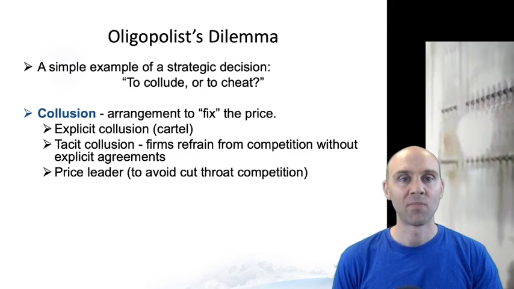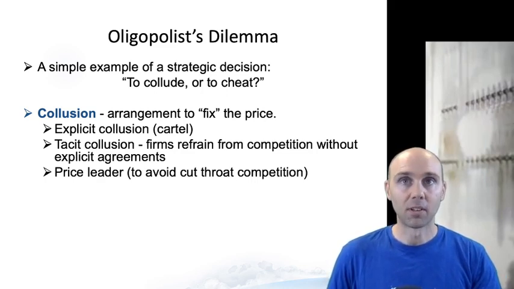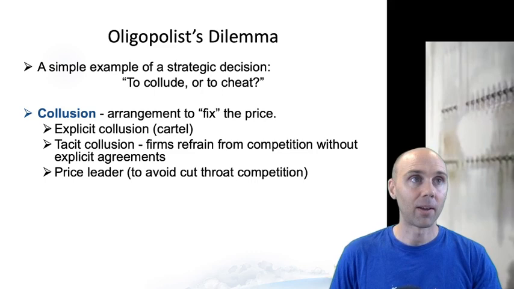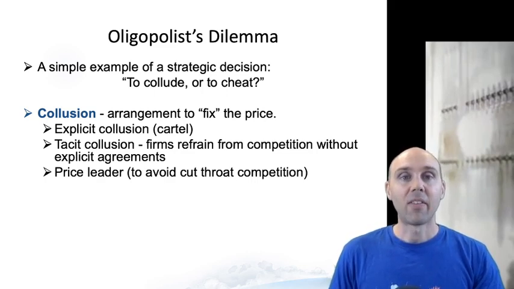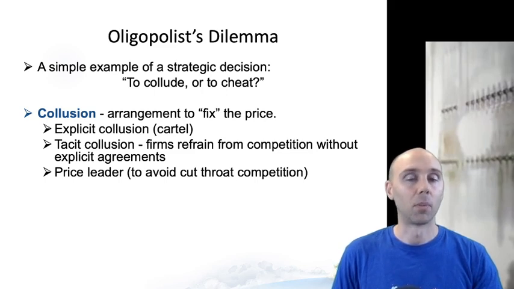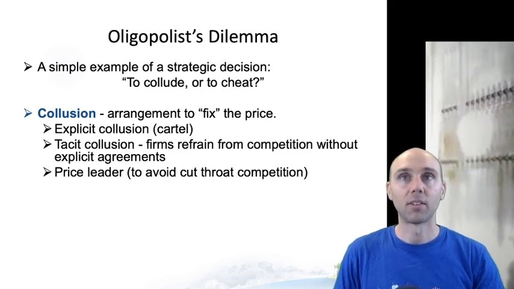There's also tacit collusion, where there's no explicit arrangement, but it's sort of understood that the two firms refrain from competing against each other because they anticipate there might be consequences if they do so in terms of profit cutting. And then there's ones where people are price leaders, again, trying to avoid that sort of cutthroat competition. Now, what do I mean by cheating in this context?